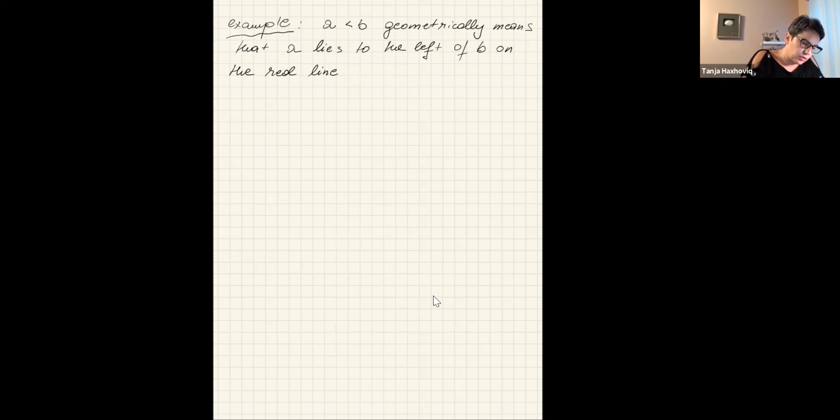For example, to say that x is less than or equal to 2, or to say that x is the set of numbers that are less than or equal to 2, how do you represent that? If this is 0, this is 1, this is 2.